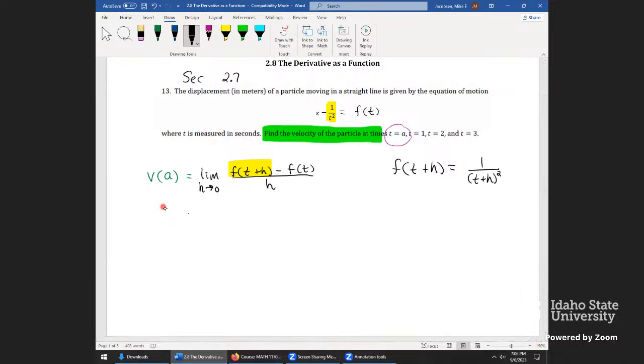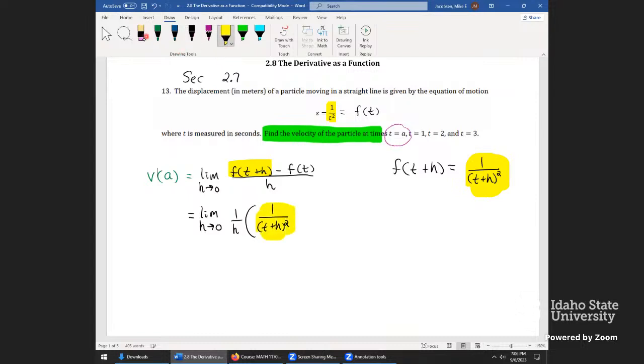Okay, now when we go to the next step, this becomes the limit as h goes to 0. And whenever I detect there's probably going to be fractions in this process, I take this h here, and I'm just going to factor it to the left as 1 over h multiplying something else. Next, f of t plus h, we'll throw in this quantity, 1 over t plus h to the power 2.